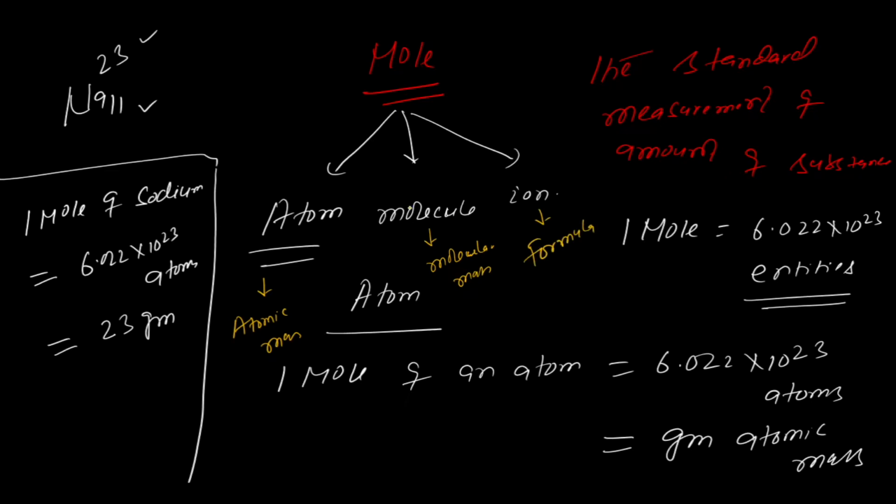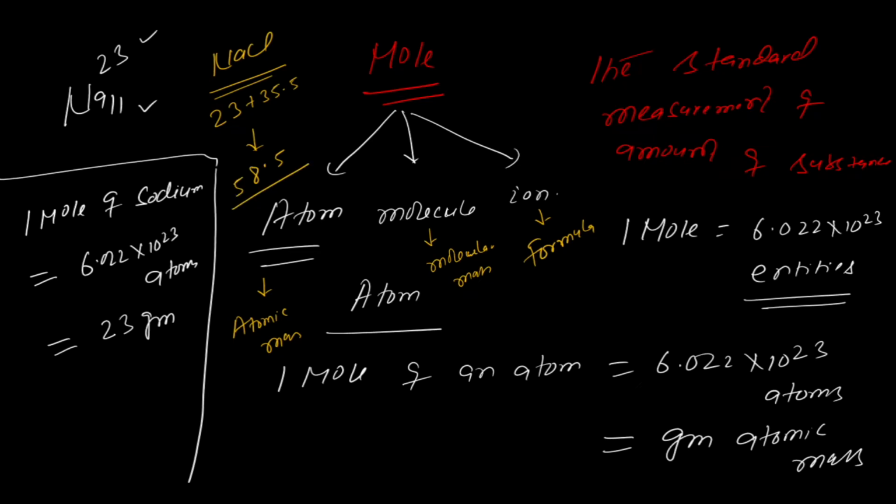Suppose there is an ionic compound, NaCl, so you have to find out 23 plus 35.5. If it is the ionic form, the formula mass will be 58.5 unit.